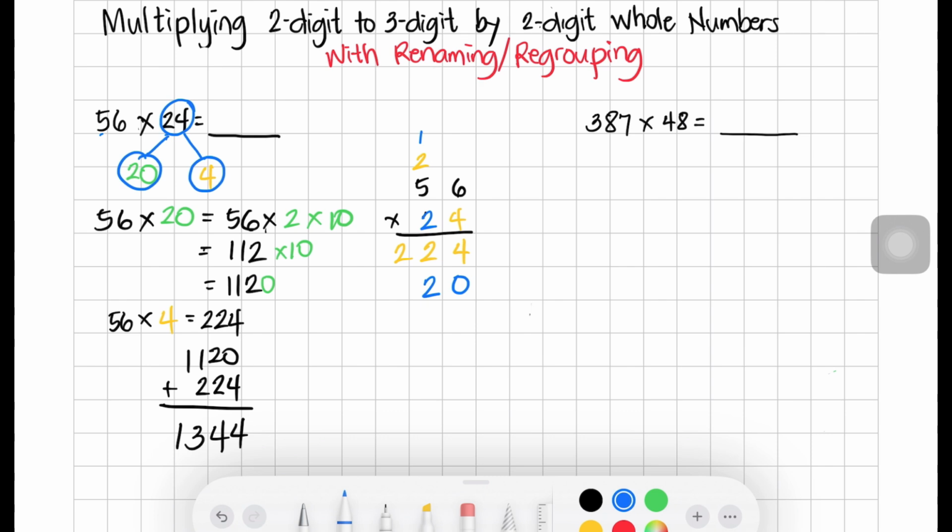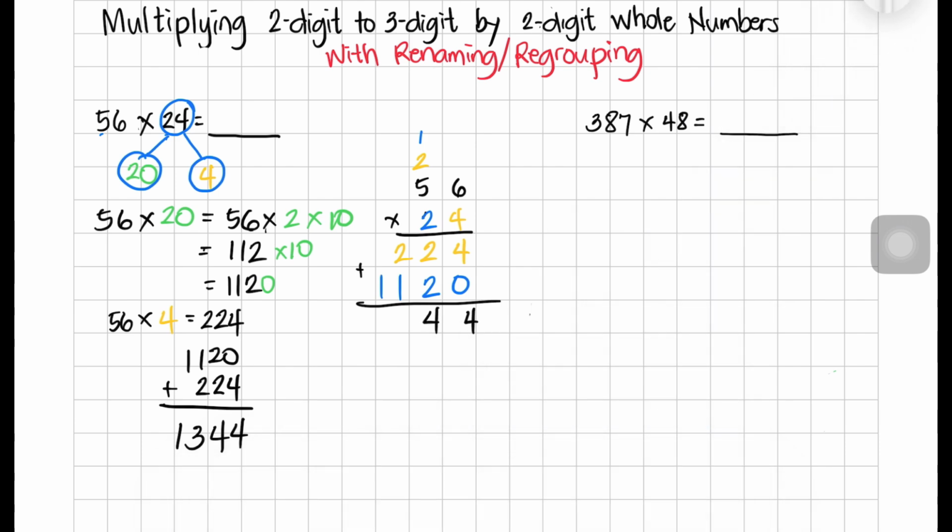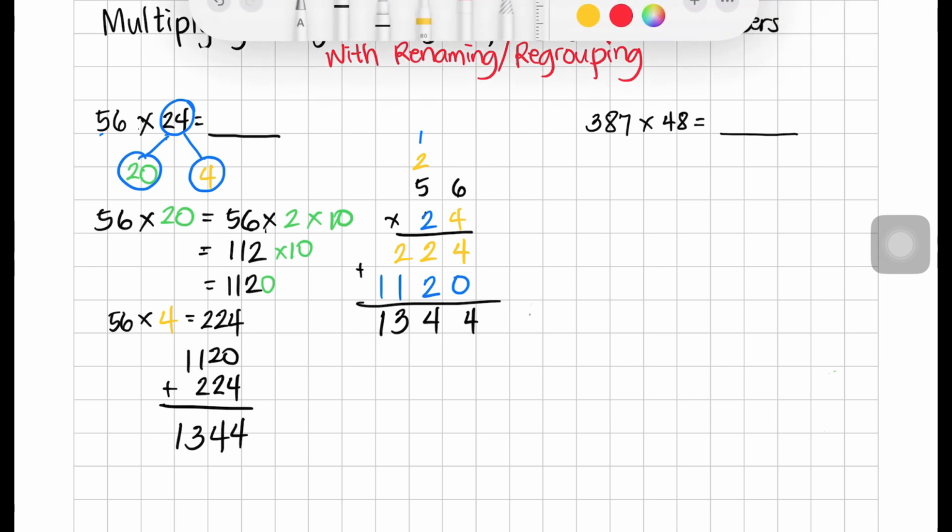Now 5 times 2 will give me 10 plus 1 over there would be 11. And then let's just add these partial products. So 4, 4, 3, and 1. So we got the same answer, 1344.